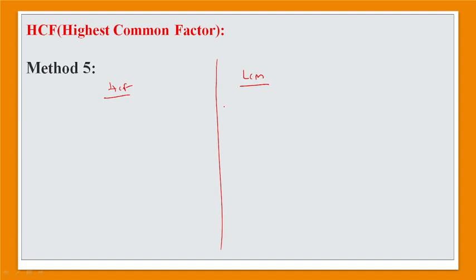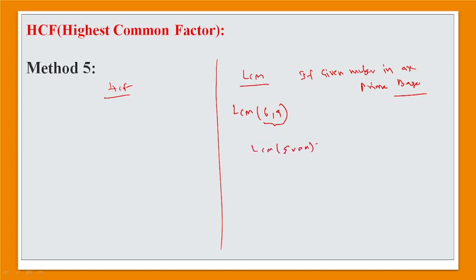Suppose I have to find the LCM of 6 comma 9. If the given numbers are in prime basis, how do we get the LCM or HCF?